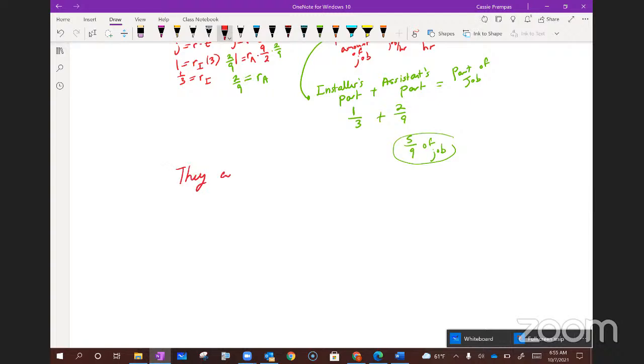They completed 5/9 of the job together, which means they have, well, you could do 1 minus 5/9. They have 4/9 of the job to finish.